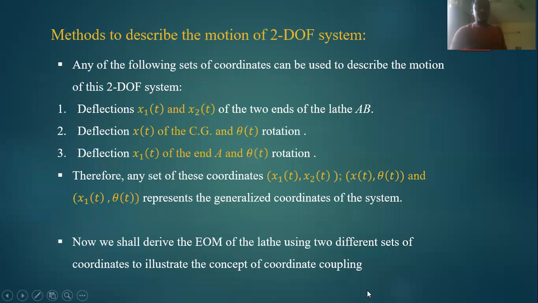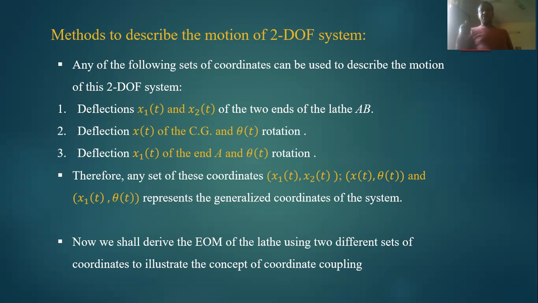Now there are many methods to describe this motion. One is considering deflections x1 and x2 of the two ends A and B. The second is considering the CG as our point of analysis: x of t and theta of t, the deflection of the CG point and the rotation about the CG.